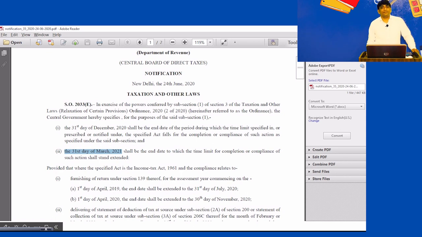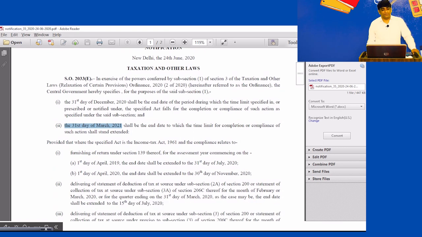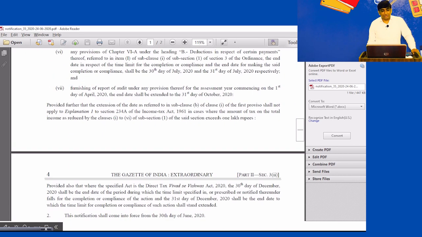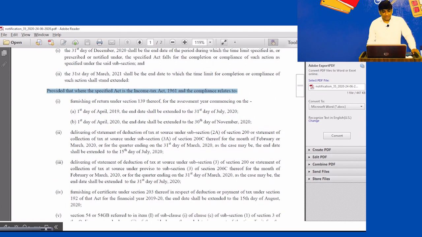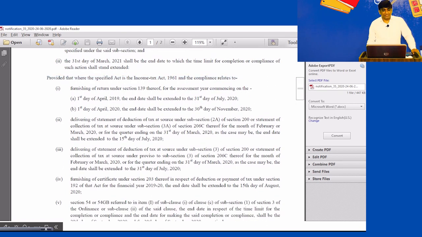Okay, they have done a blanket extension to 31st day of March 2021, but for certain kinds of compliances they have specified some different due date. You can see, provided that where the specified act is the Income Tax Act 1961 and the compliance relates to, there are seven provisions for which they have specified different due dates.